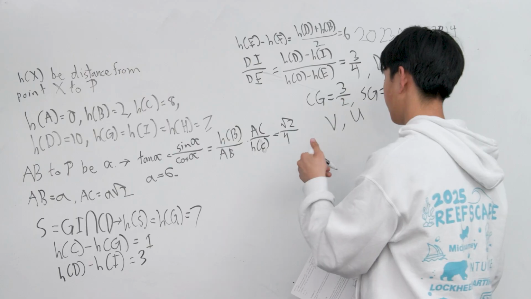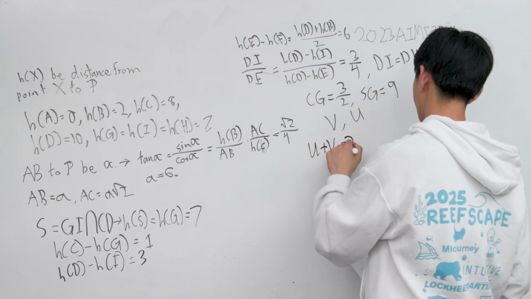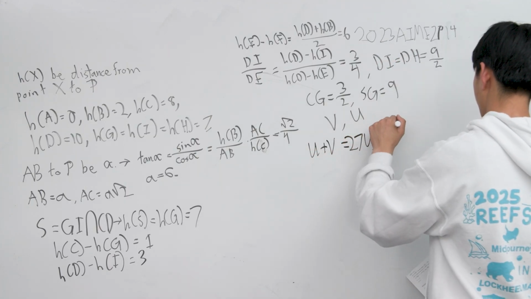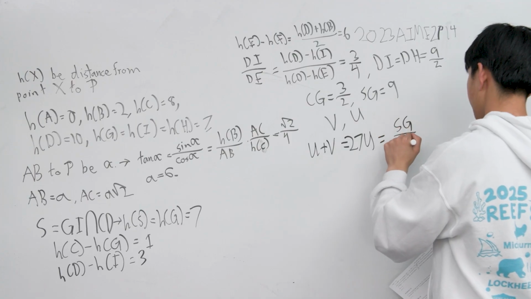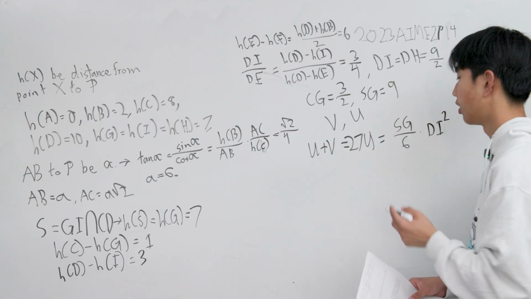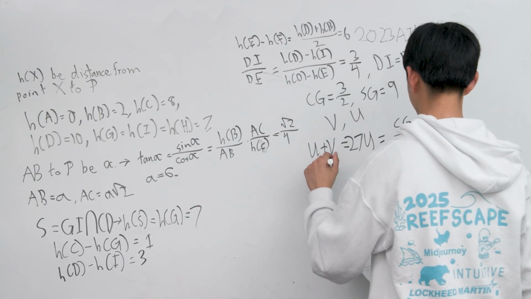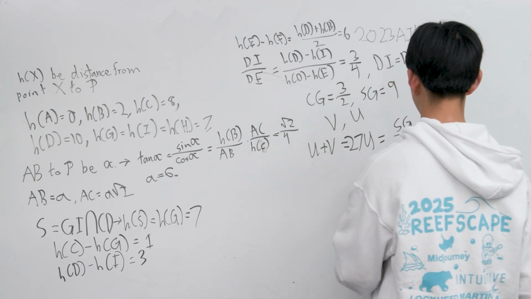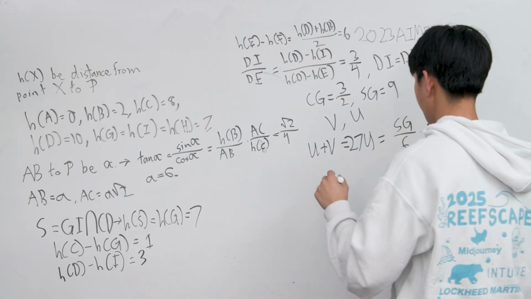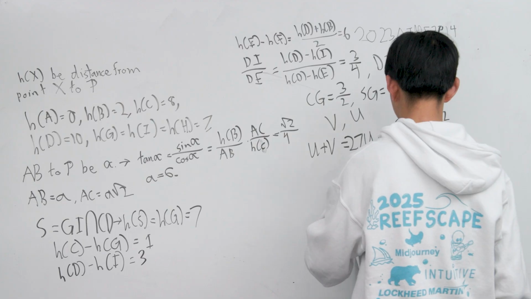So then U plus V is equal to 27U, which is going to be equal to SG over 6 times DI squared, which is all we went through to do. SG is equal to 9 over 6, and then we have the value of DI, which is 9 over 2. This is 243 divided by 8.